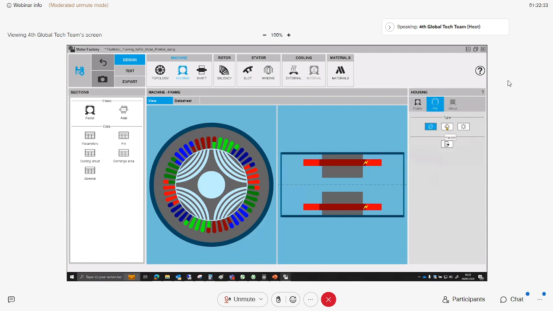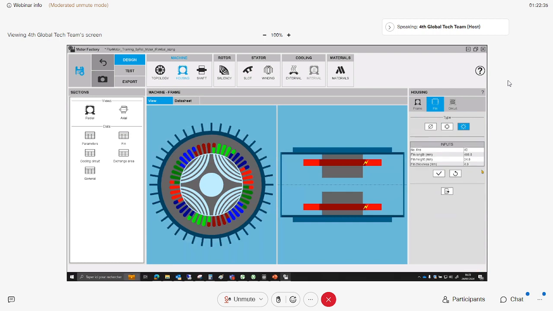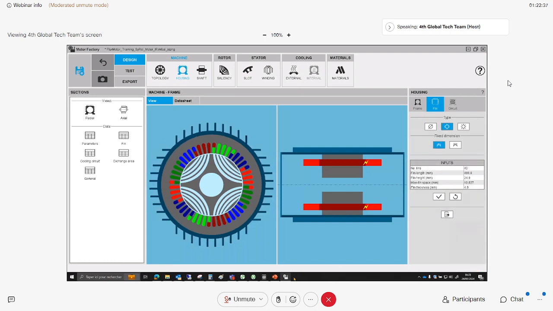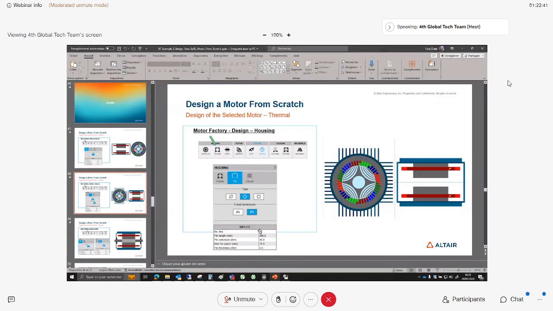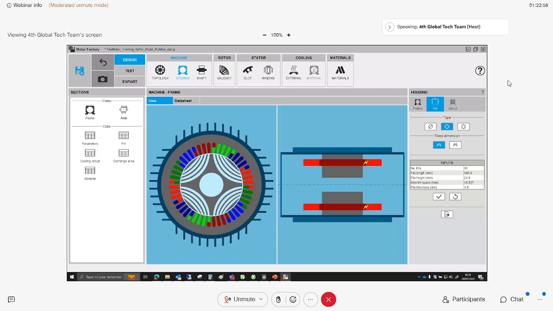Then you have a choice between parallel or radial fields. Here we choose these parallel fields and this configuration with these dimensions. I have radial and axial view always in Flex Motor.